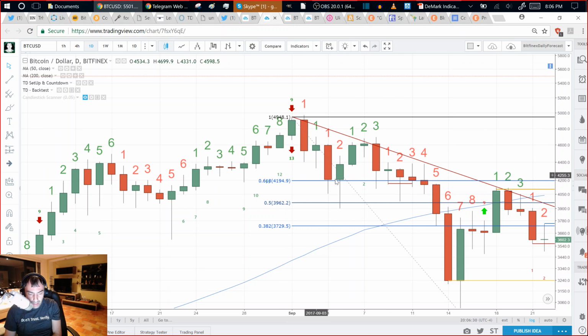Now, I had already reversed this into bullish. This fell for no real reason. Then over here, China announced that they were going to ban ICOs, and I saw it as a good thing for Bitcoin. You had this reversal candle with a nice long wick, started to go up. Now this too started trading above this one.